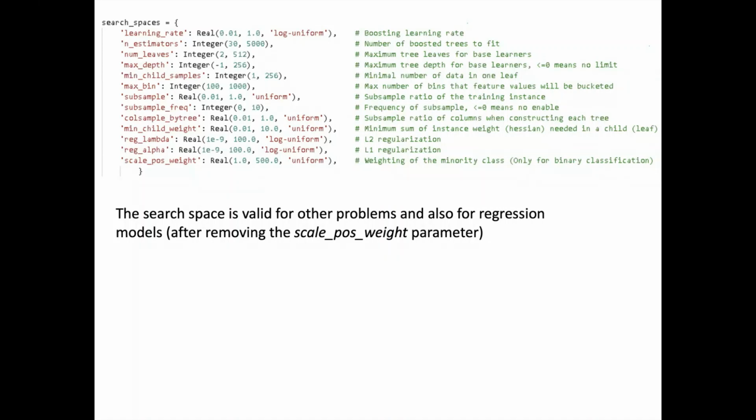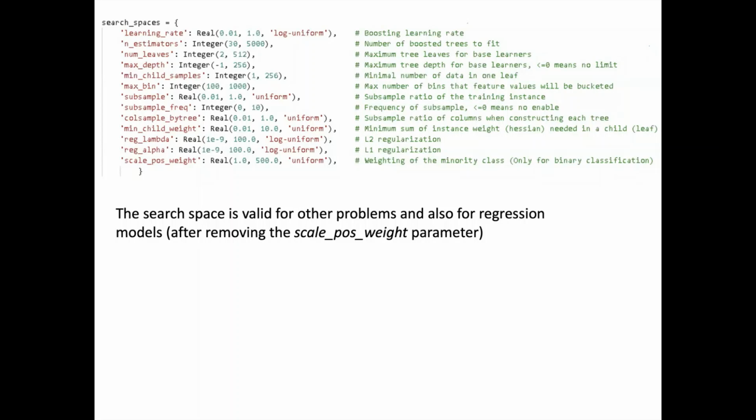Finally, the min child weight, the minimum sum of instance weight needed in a child, is something related again to complexity. You have regularization in terms of L2, the lambda parameter, and L1, the alpha one. And finally, the scale pos weight, which is just for classification, is the multiplier for the minority class in order to work better.